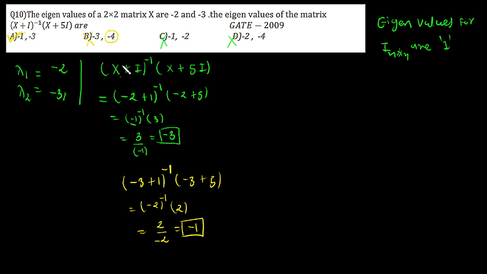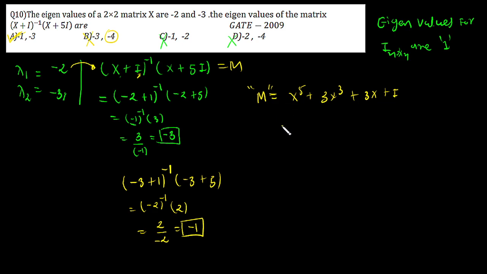Now you have to remember this property: if I am making any form of equation with the help of a matrix, let's call it matrix M, then to find the eigenvalues of M we simply put the eigenvalue of the matrix X and 1 in place of the identity matrix, and it gives the eigenvalues of M. In the same way, I can also form an equation like X to the 5 plus 3X cubed plus 3X plus I. If someone asks for the eigenvalues of this matrix M, we do not have to find the matrix M by raising the matrix to the powers 5 and 3, then multiplying and simplifying.